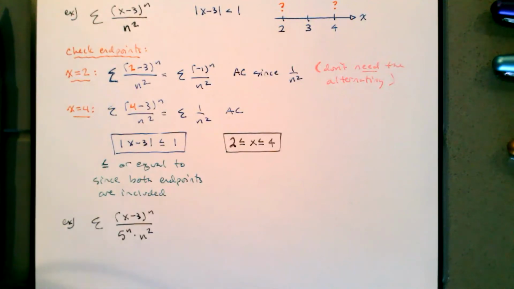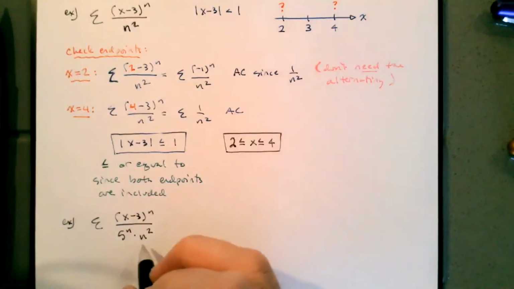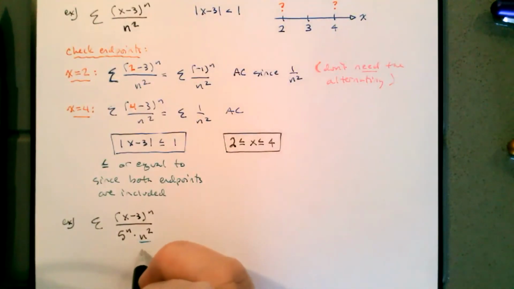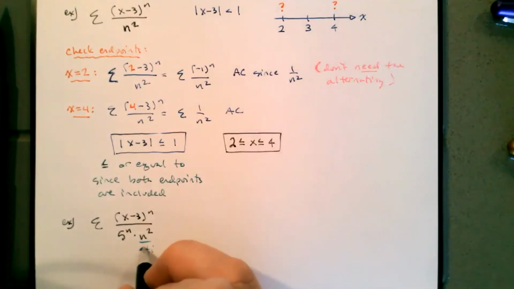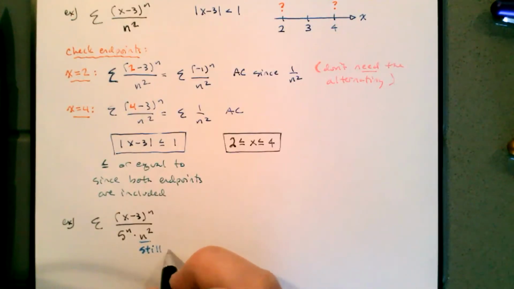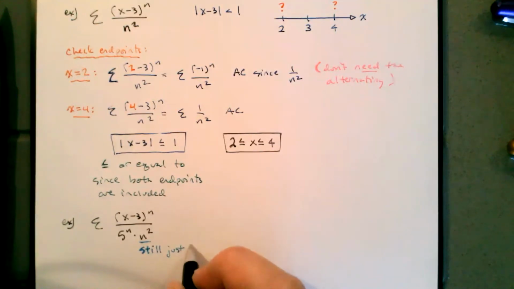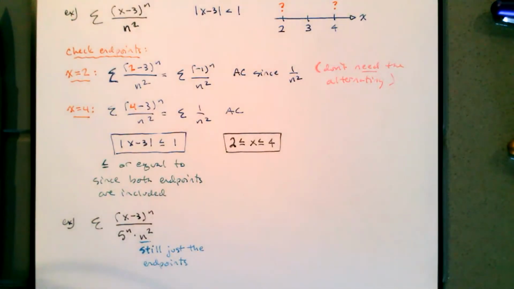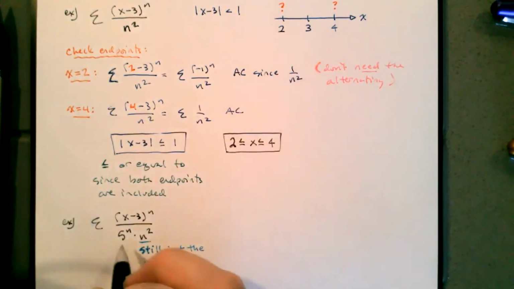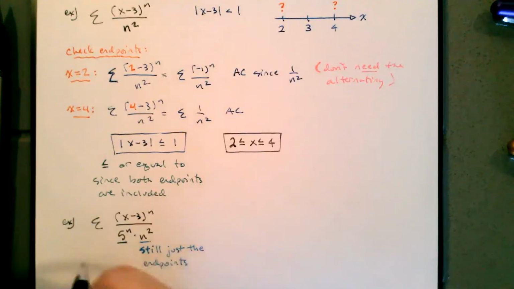The n squared is still just going to be about the endpoints. And the 5 to the n could affect the radius. The exponential stuff could change the radius.